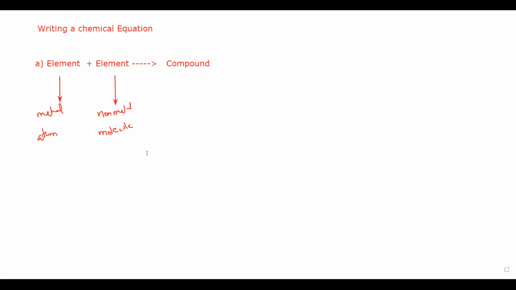So for example, sodium plus chlorine. If sodium is reacting with chlorine, when an element reacts with another element, what does it result in? It results in the formation of a compound. So this will result in the formation of a compound known as sodium chloride.